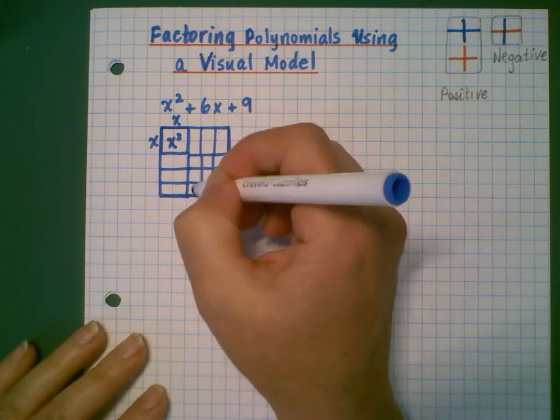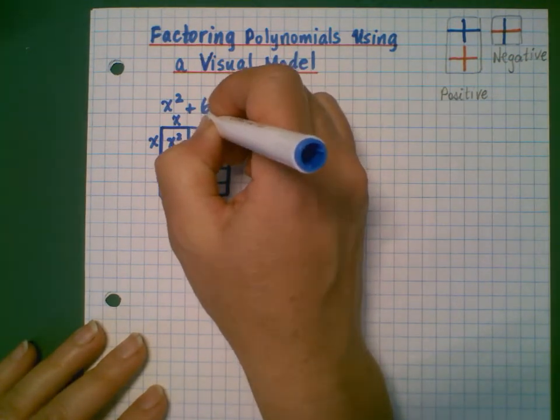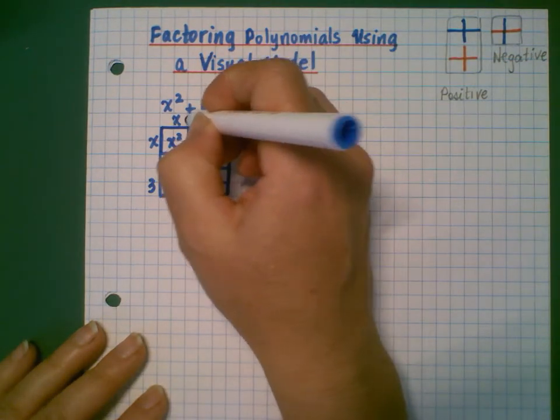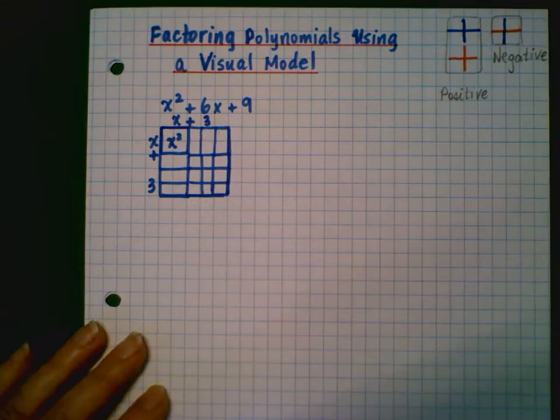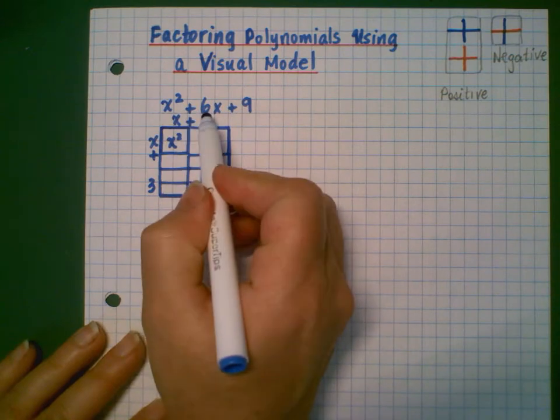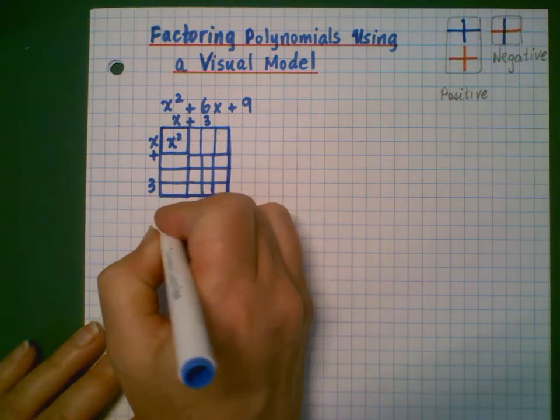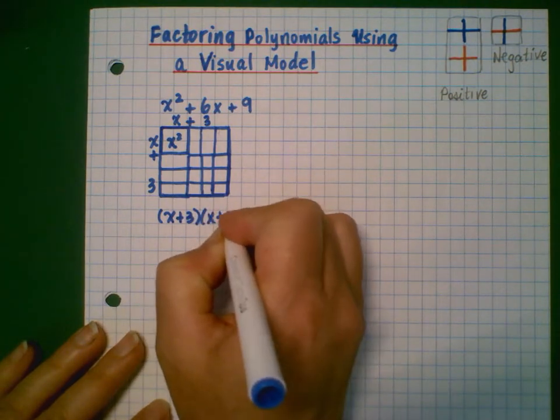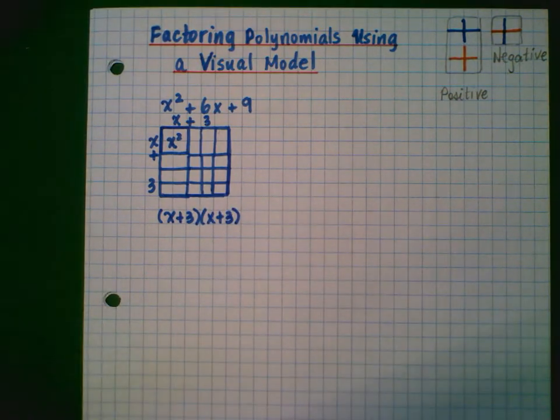And then we've got this 3 by 3, and they were both positives. So the factored form of x squared plus 6x plus 9 is x plus 3 times x plus 3. If it isn't possible to create a rectangle or a square with the components that you've been given, then it means that your trinomial or binomial is not factorable.